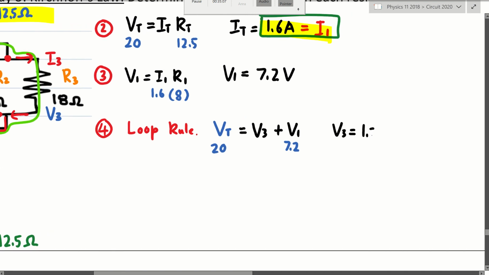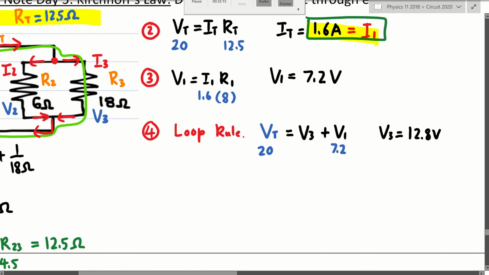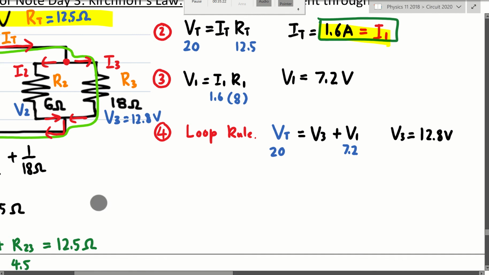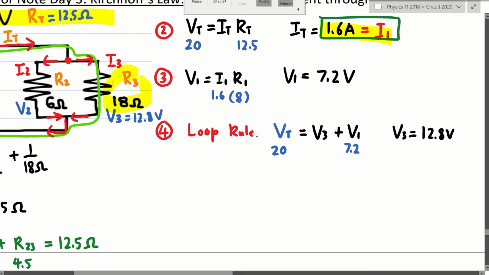V3 is 12.8. Right? It's whatever is the remaining piece. So it's 12.8 volt. And if you know V3 is 12.8 volt, then suddenly you have 2 out of 3 things. R3, V3, now you can figure out I3.